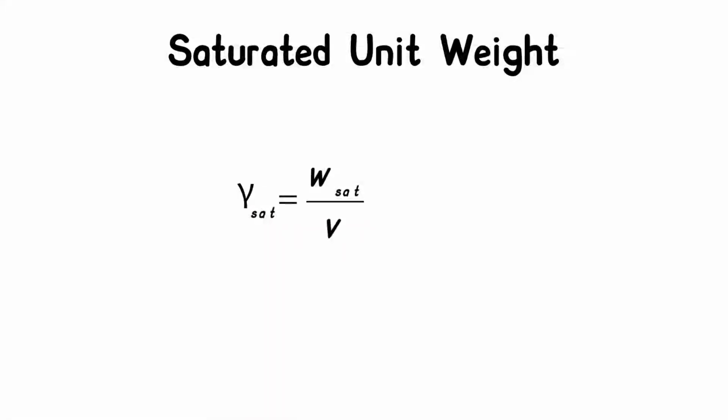Similarly, you will have the saturated unit weight, that is, in the pores of the soil you will have water. Then the weight of the soil mass is taken as W saturated. The gamma saturated, that is, the saturated unit weight, will be equal to W saturated divided by the volume of the soil.